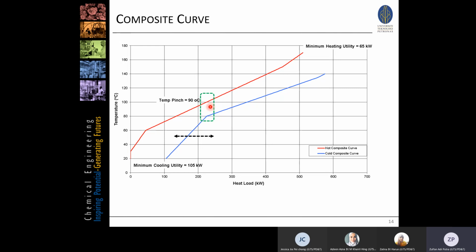Remember that Q equals UA delta T LMTD. So if delta T is big, the A is going to be small. So we have to pay for the OPEX and for the CAPEX for the exchanger. Playing around with this delta T means a huge impact to the cost calculations.